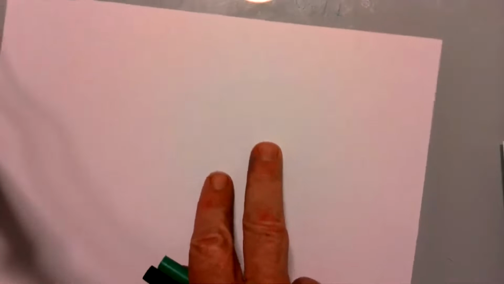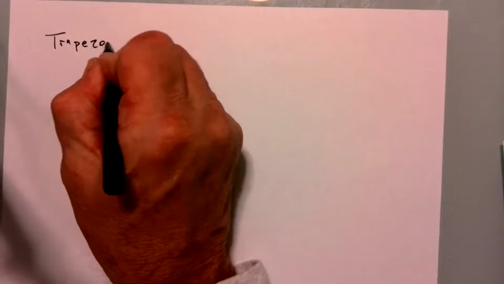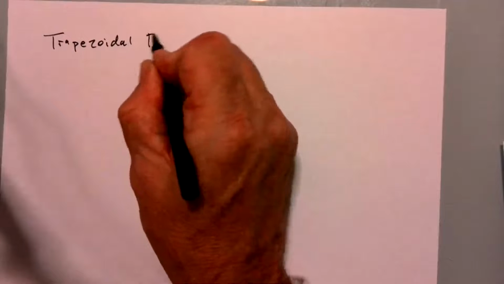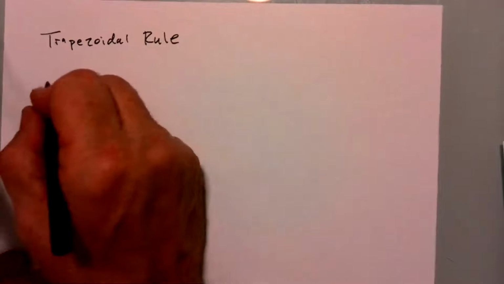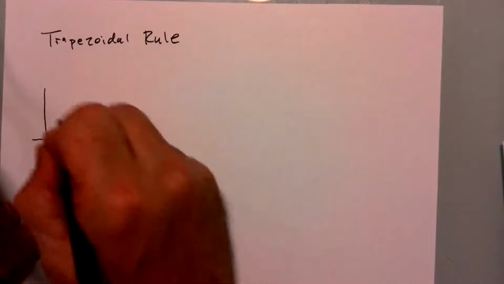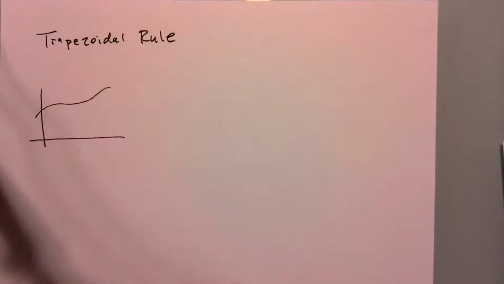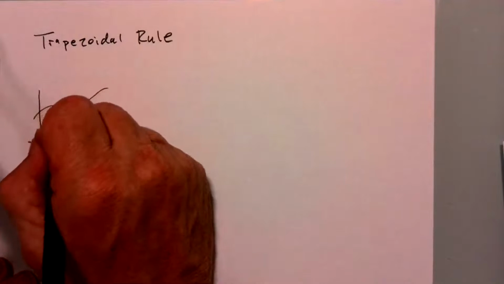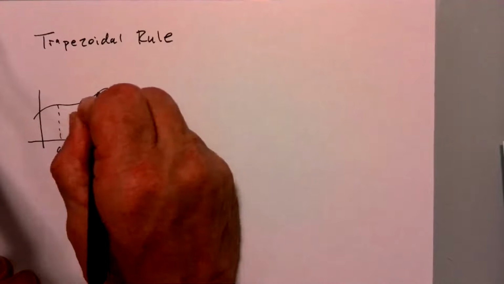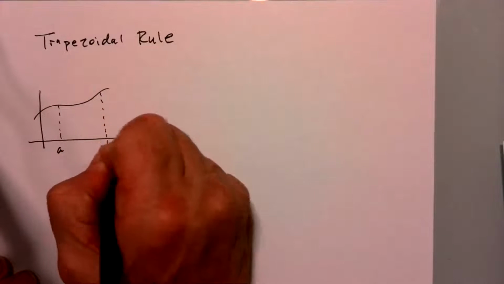So trapezoidal rule, what is it? Let's talk about it. Here's the deal. We're taking an integral from a to b of f of x dx. So if we start from a to b, here's a, here's b.